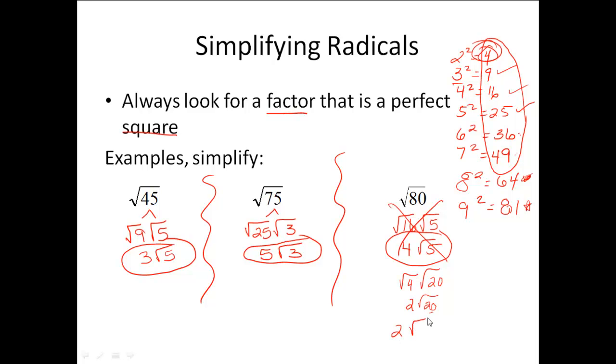So you would have had to break that down into the square root of 4 and the square root of 5. So you would have ended up with 2 times the square root of 5, which brings us to that 4 square roots of 5 we had before. So even if you don't recognize the biggest one right away, you can still get to the correct answer. It would just take multiple steps.